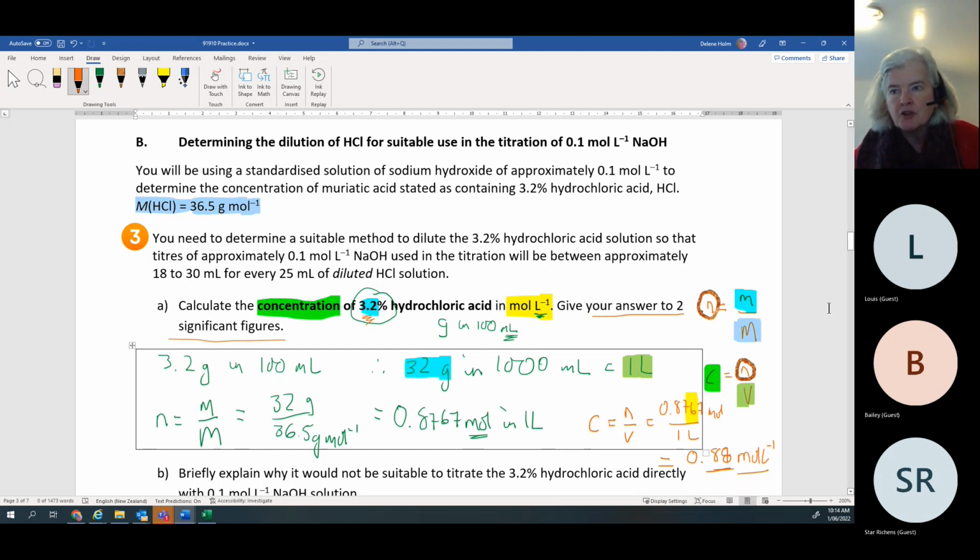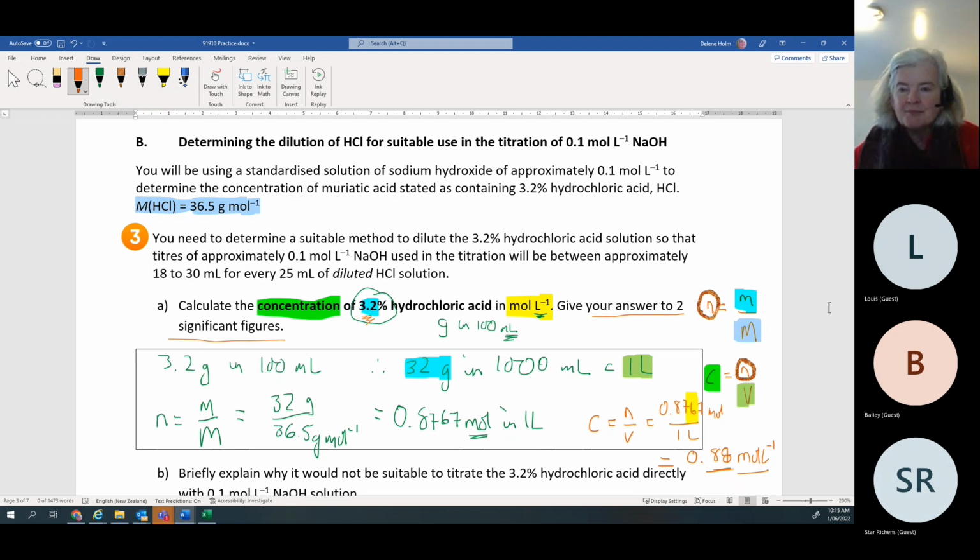But if you had something weird, like 50 moles per liter, then something is weird, because the concentration of water in water is 55 moles of water molecules in 1 liter of water. So pure water has a concentration of around 55 moles per liter. So you never want to have such a high concentration because that's not going to be right.